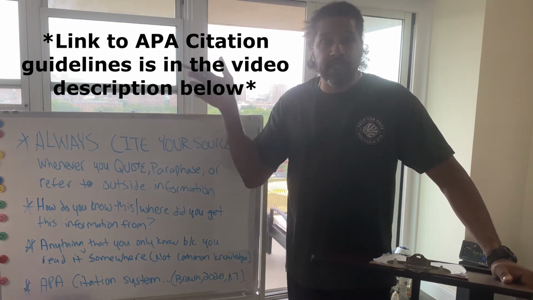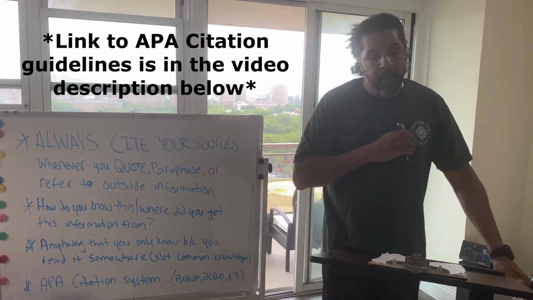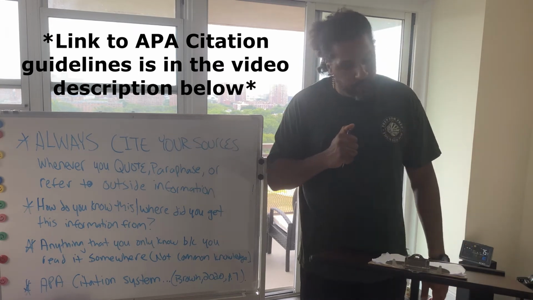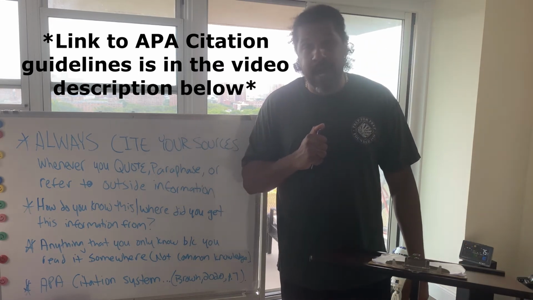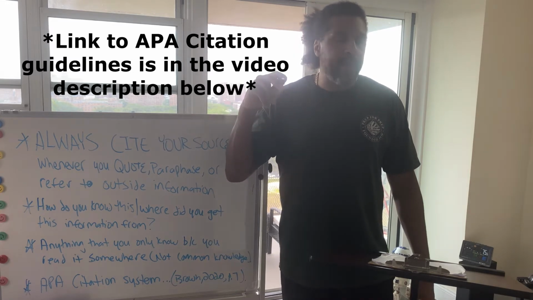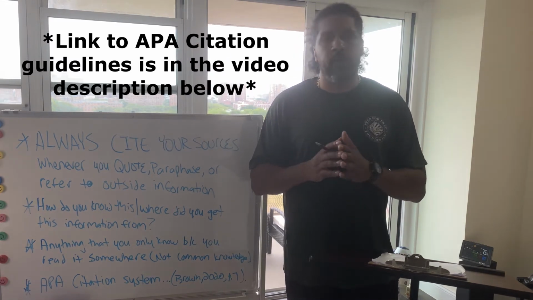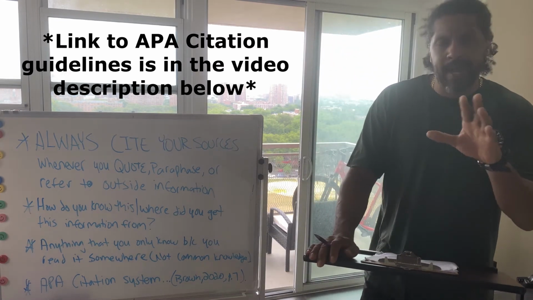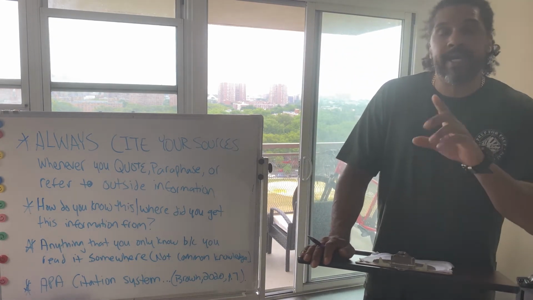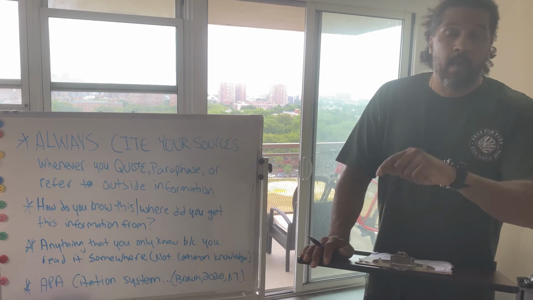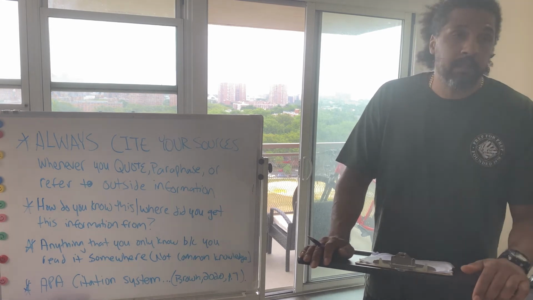There is a source that I'll put at the link of this video that's very useful. It is produced by Purdue University, the online writing lab. I have in the past pointed students in the direction of this. It's very useful, and any of your APA questions can be answered there, or if not there, search around.